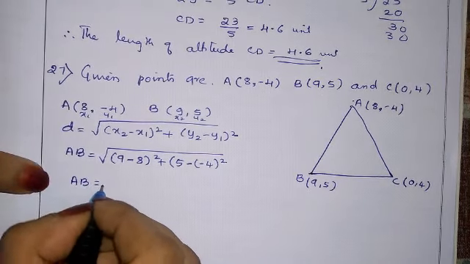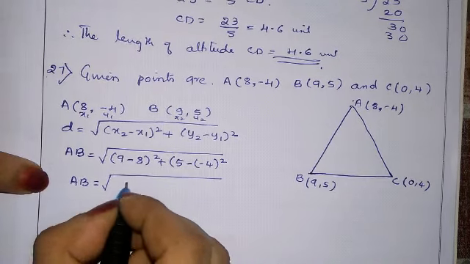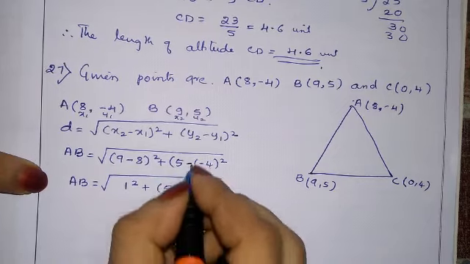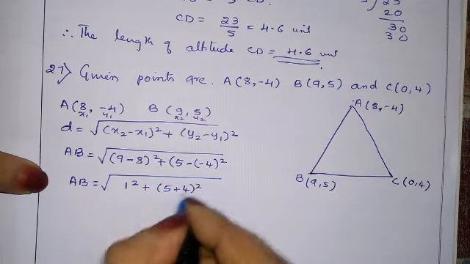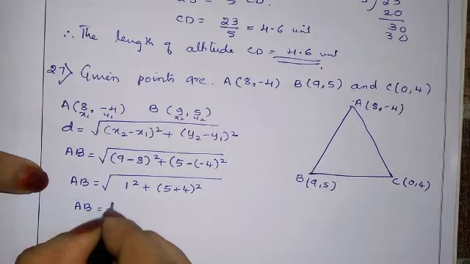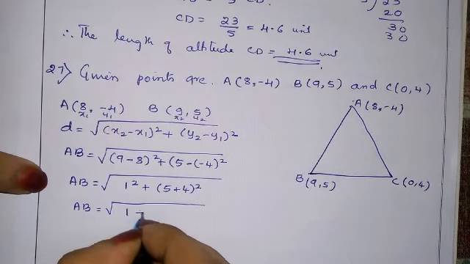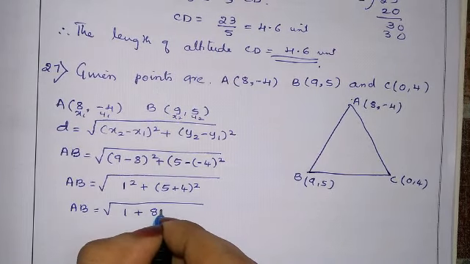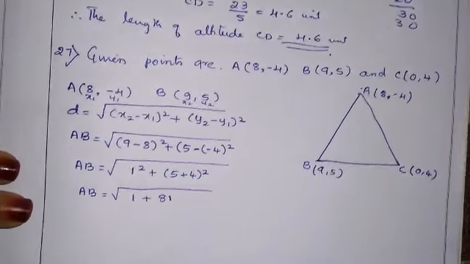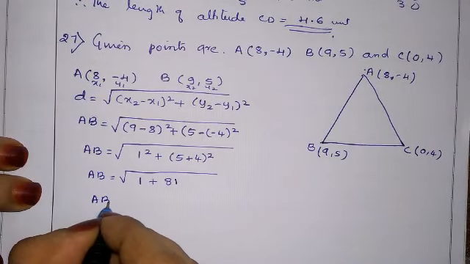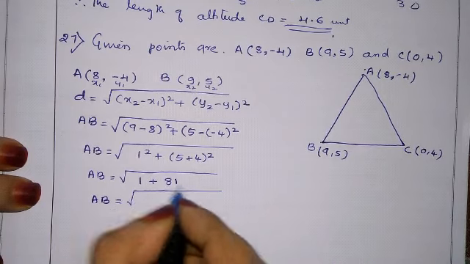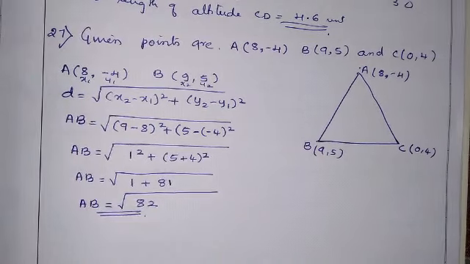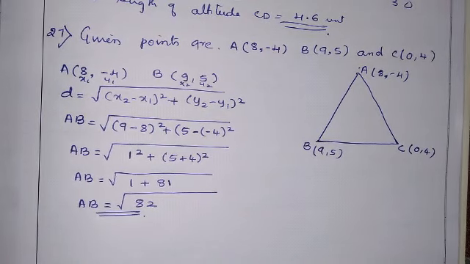So AB is equal to root of 9 minus 8 is 1, square, plus 5 plus 4 is 9, whole square. 1 square is 1, 9 square is 81. AB is equal to root of 81 plus 1, which is 82. So we should keep AB is equal to root 82.